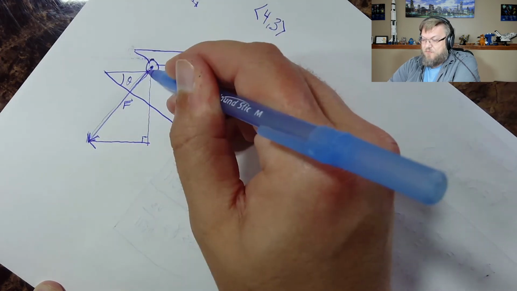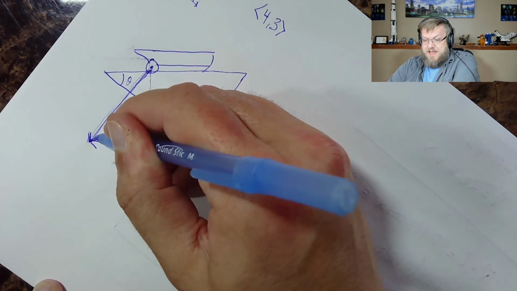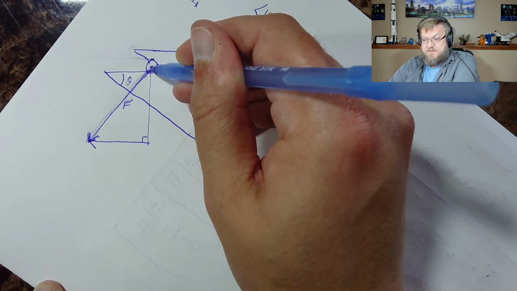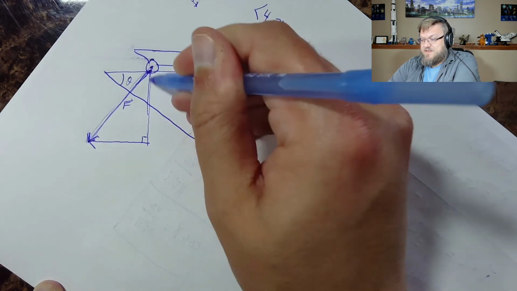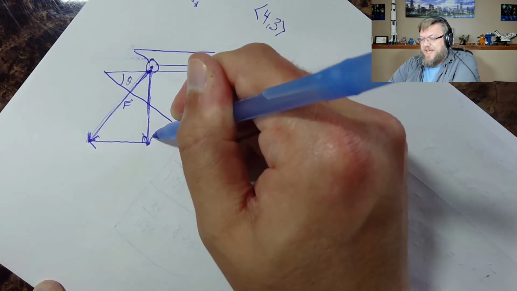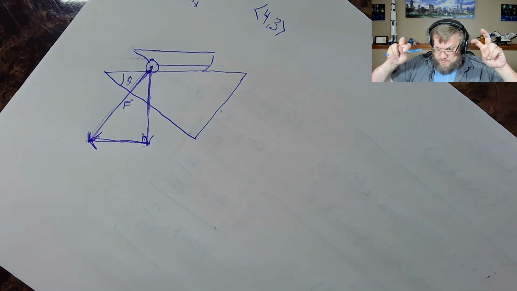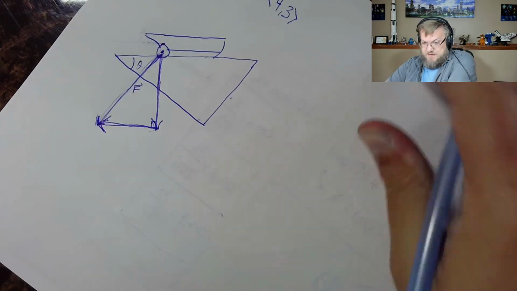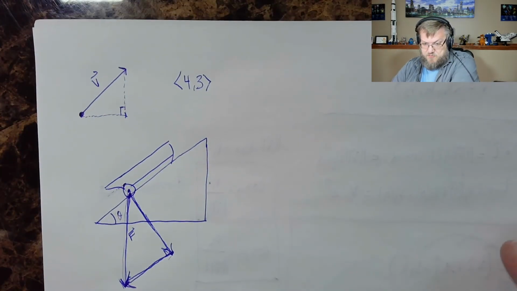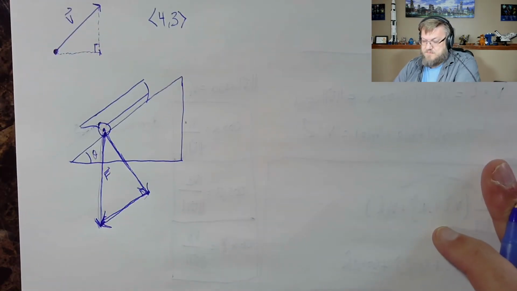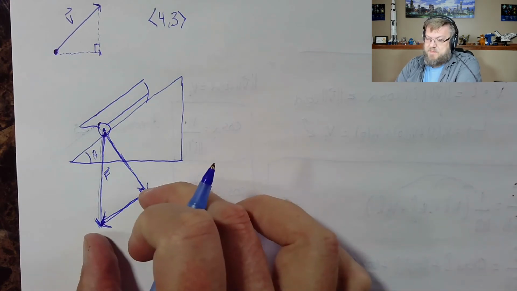Here's the force of weight acting downward, but I've rotated it and sort of done the vertical and the horizontal components. But wait, vertical and horizontal, right? Because really, the orientation of this picture is this way, right? And this can be picked up and moved.